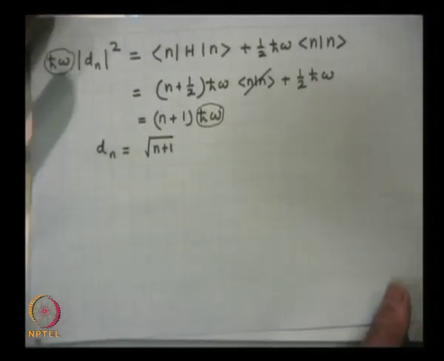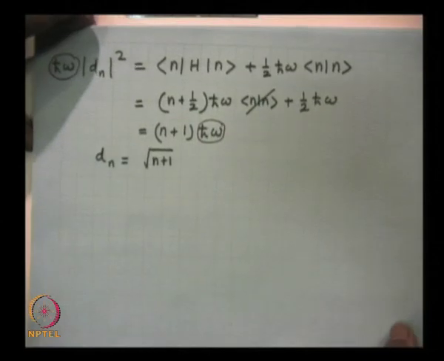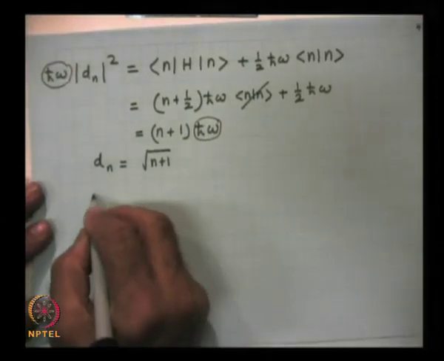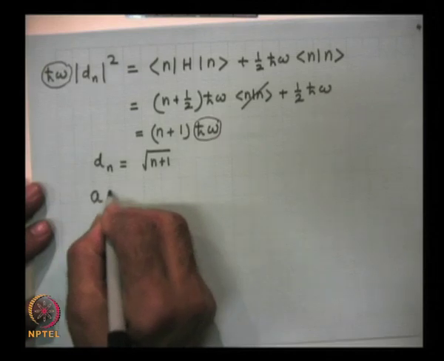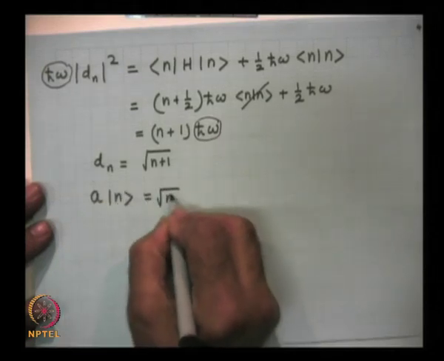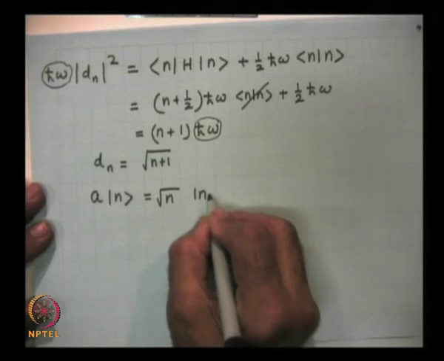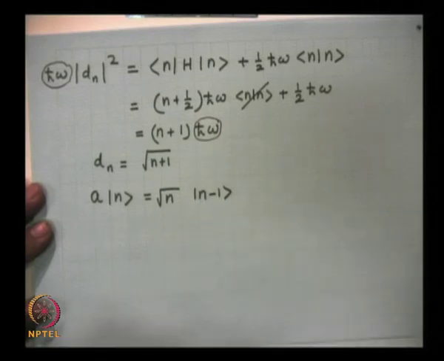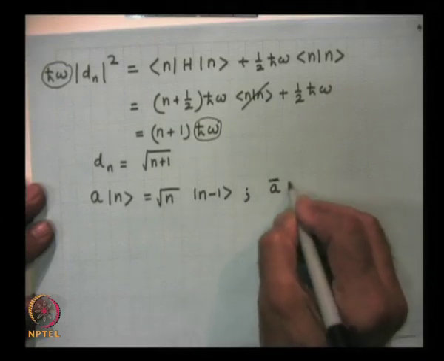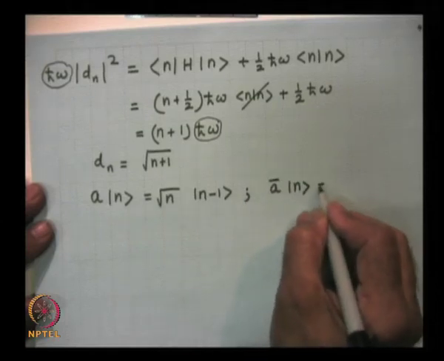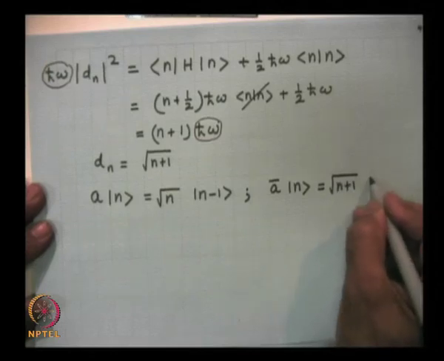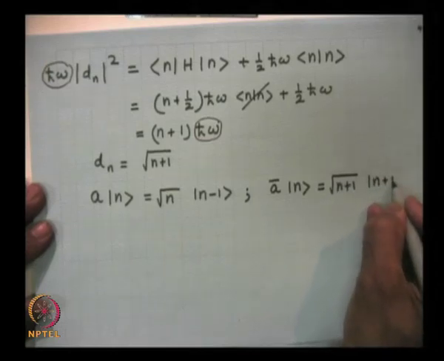So, we get two very important relations. The first was a ket n is equal to square root of n ket n minus 1, and the second one is a bar ket n is equal to square root of n plus 1 ket n plus 1.